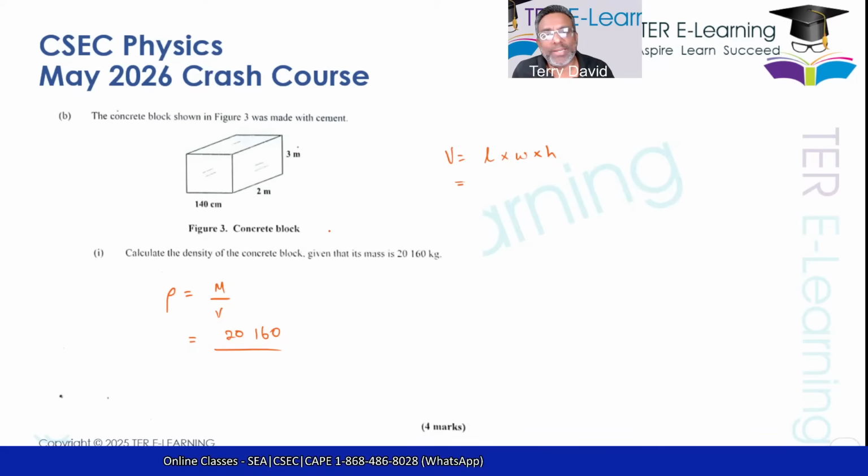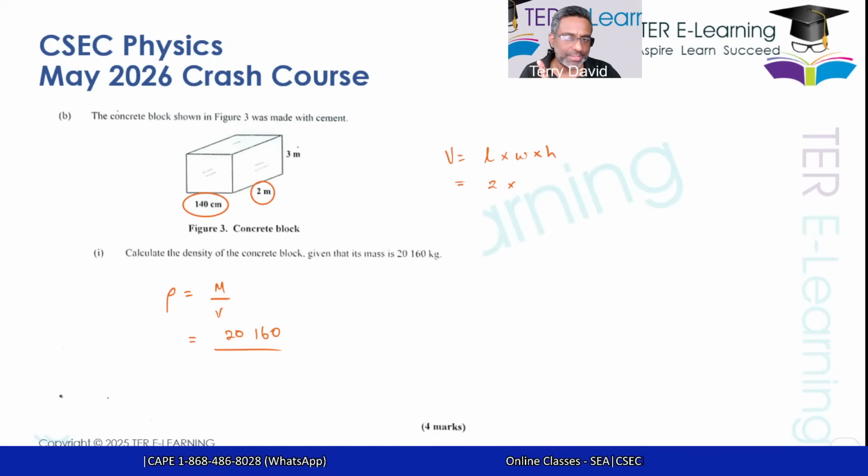Your length will be the longest side, which in this case we'll take as 2. It doesn't really matter which one you take as which. So that's 2, measured in meters. Multiply by the width. Now here's a catch that CXC gives students. Some students just plug numbers into a formula without thinking about the units. You will notice that this is measured in cm, but when it comes to volume, your dimensions need to be in meters.